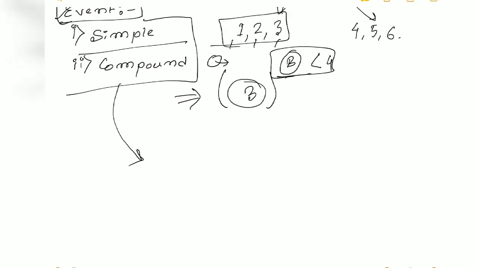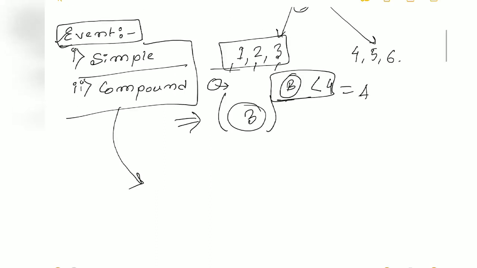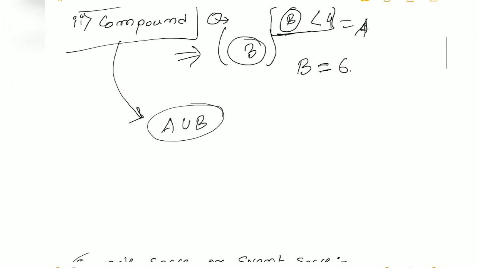Suppose you have an event of getting a number less than 4, we term it A. Now suppose you have an event B, which is getting the number 6. So if you have A union B, that is actually a compound event. That is, either A occurs or B occurs, right?